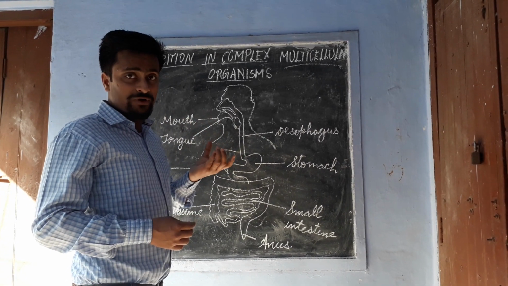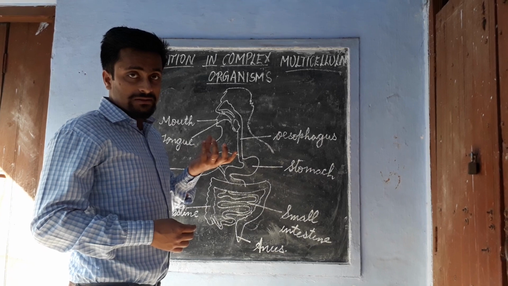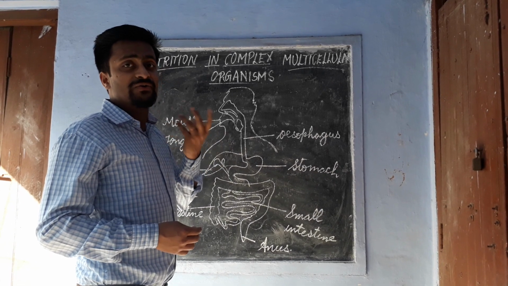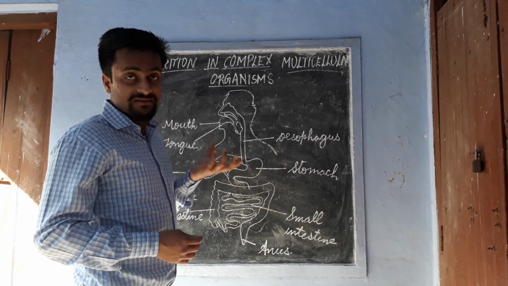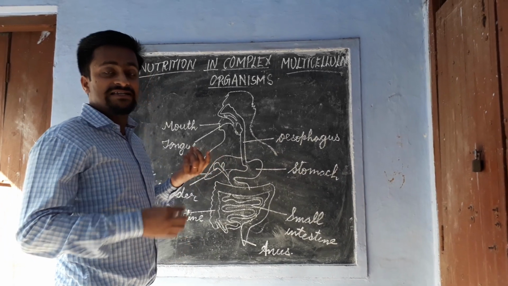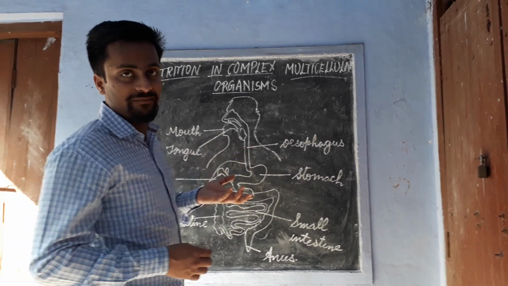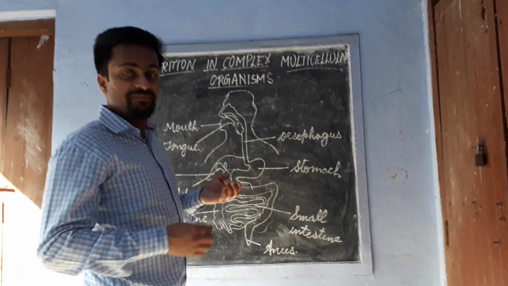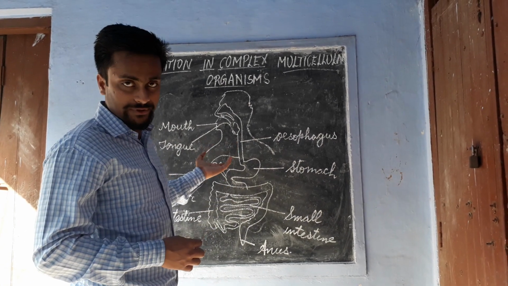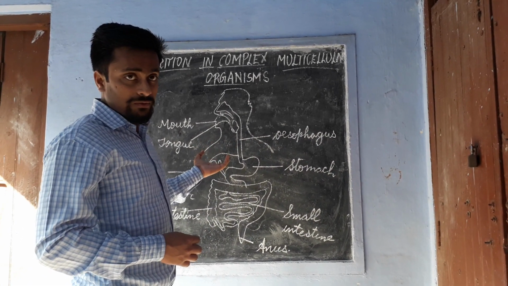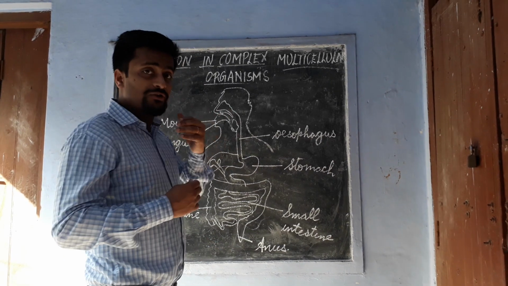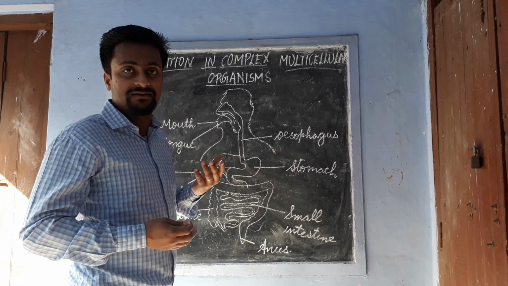Now once this food is chewed, our tongue produces saliva, and this saliva consists of salivary amylase, an enzyme which helps in the breakdown of starch present in the food.